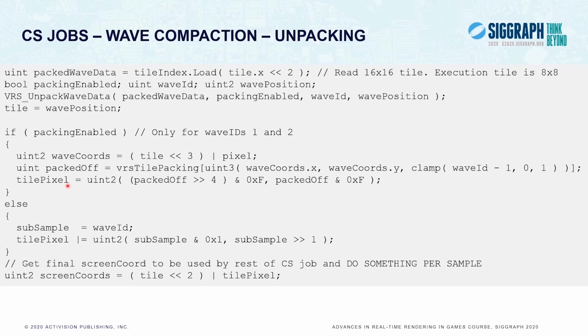And from that, we would get the tile pixel position within the actual tile that we packed previously. In case packing is disabled, it would be just as simple as passing through the wave internal pixel positions and moving them to the global tile of 16 by 16. At this point, we can just get the final screen coordinates that we have here and just do something for sample. So how does it fare?